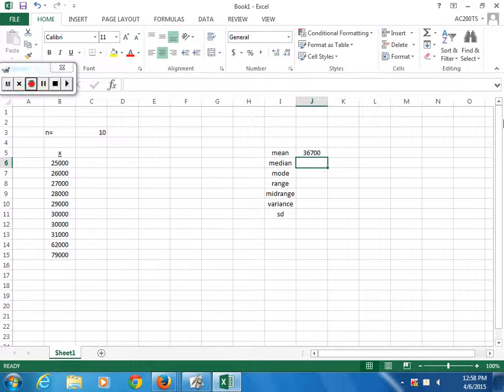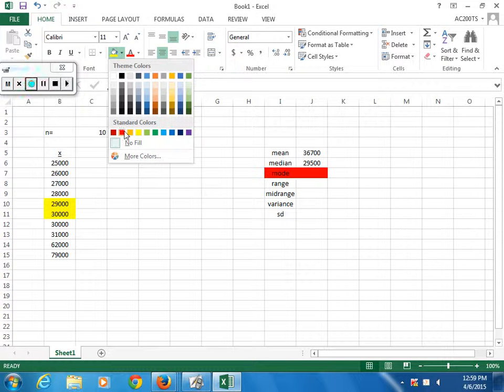And that should give you 36,700. Now we've got to find the median. 1, 2, 3, 4. So these two numbers right here are going to make up the median. So that's going to equal, parentheses, 30,000 plus 29,000 divided by what? 2. Mode is observed.